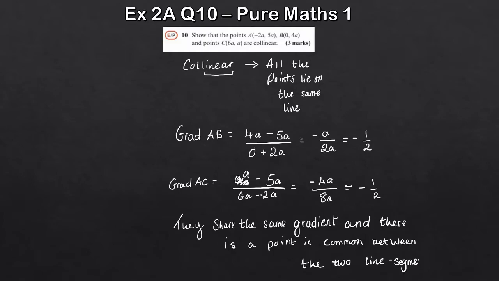So there we have it. 3 marks for that, just showing that they share the same gradient, and therefore, because they share a common point, they must all be on the same line. So that's the first question done.